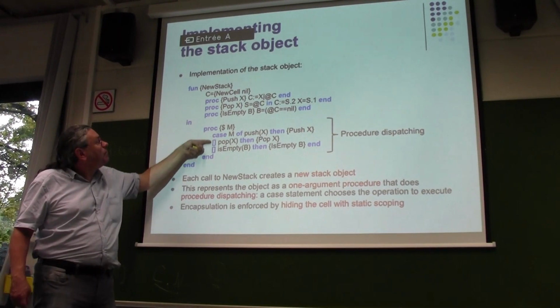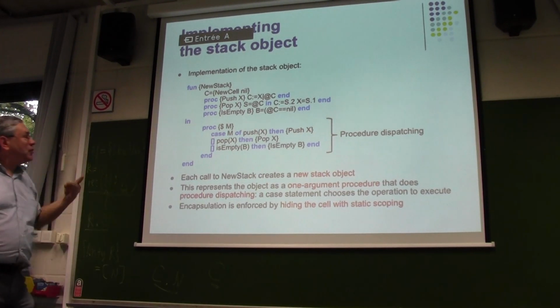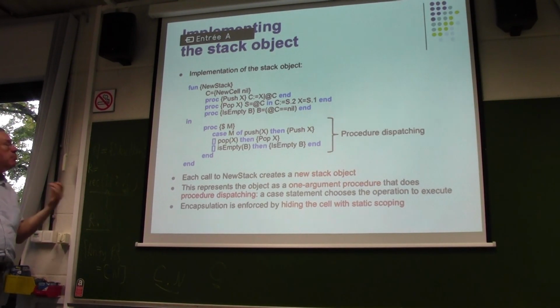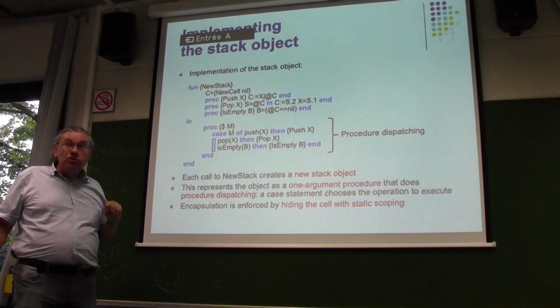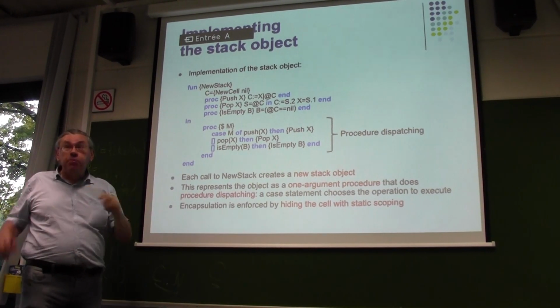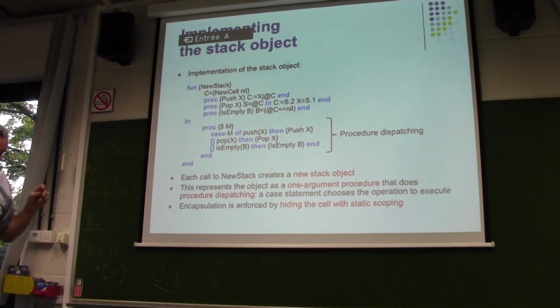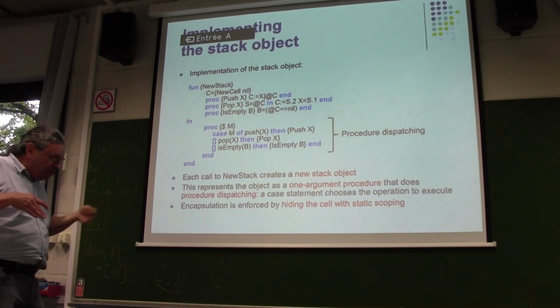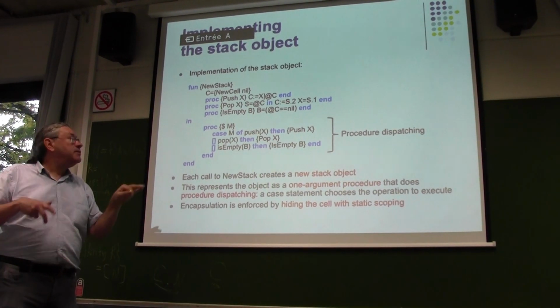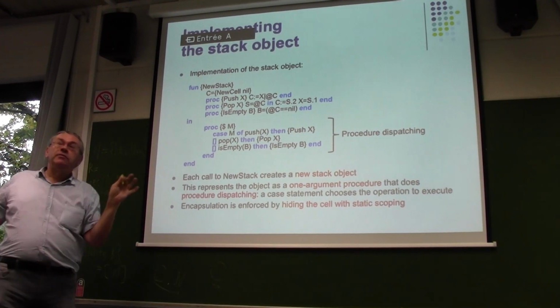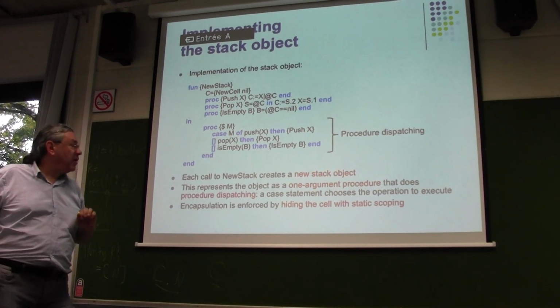This is selected dynamically at runtime. Of course, the compiler can optimize, but technically this is dynamically selected, and in languages like Smalltalk, it's completely dynamic. That means you can create a new message on the fly and send it to the object, even though the compiler doesn't know, and it will select the right method.